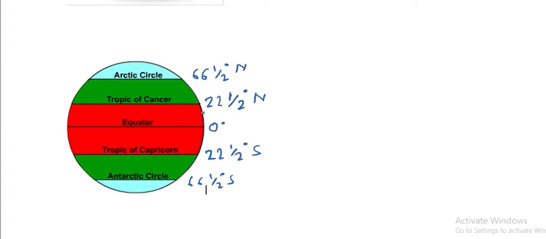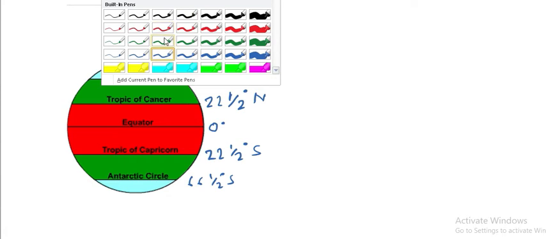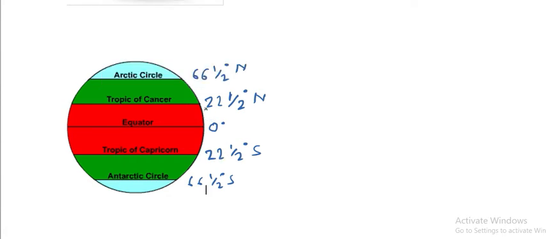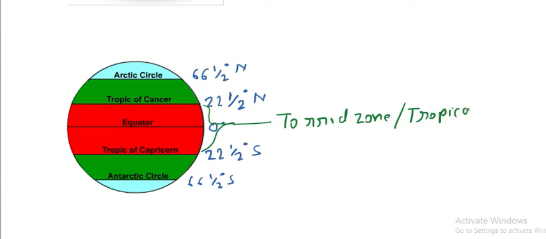The region between these two tropics, the Tropic of Cancer and Capricorn, is called the tropical region, or the torrid zone. All the land or area between the two tropics is called the torrid zone.